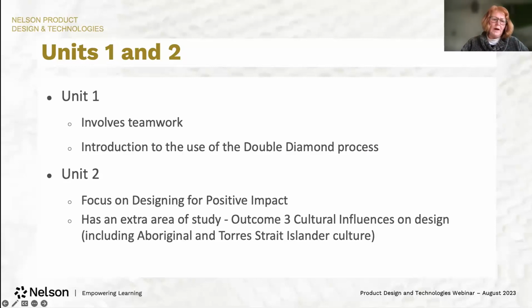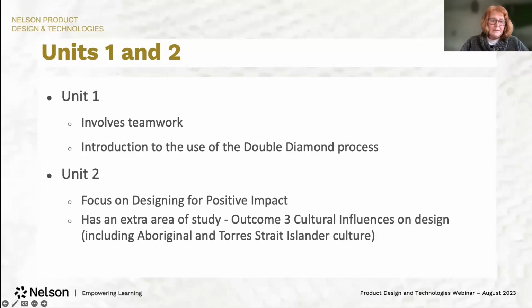Units 1 and 2. Unit 1 is very much about understanding the design fundamentals and giving students a first initial understanding of all of the aspects that they need to know for product design. It also has a focus on teamwork. So the students are expected to work collaboratively with other students, and develop concepts or work as a team to develop solutions for situations.